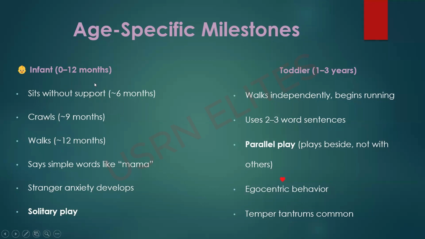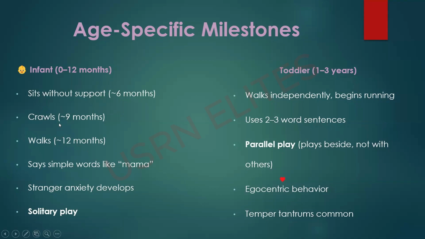Anyone within this range should be able to sit without support, especially in the 6th month. If you have an infant, the infant should be able to sit without support by 6 months.